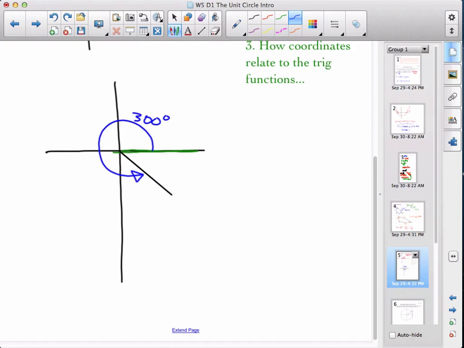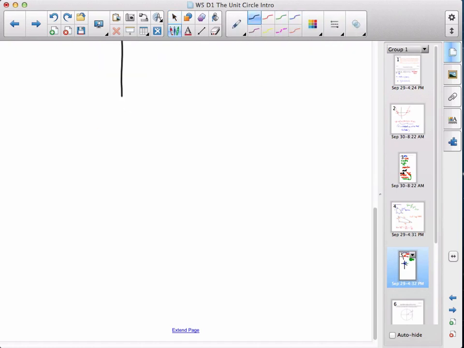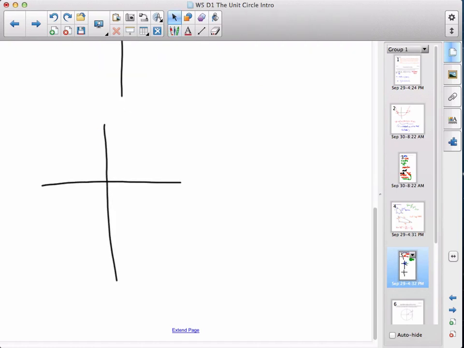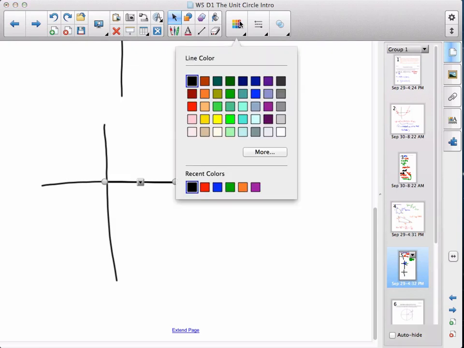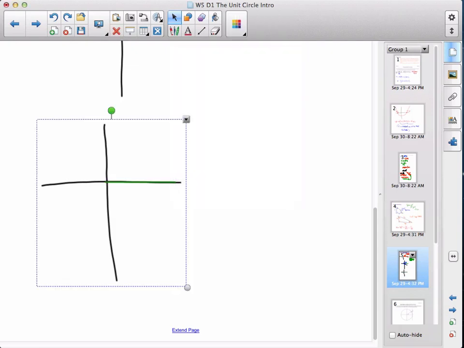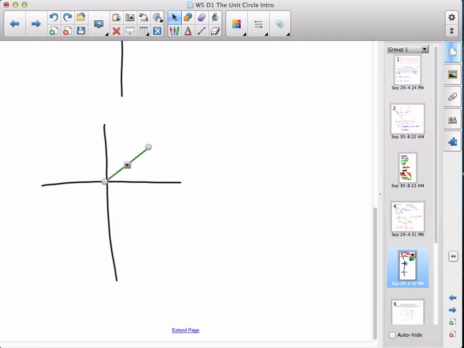What's even crazier is conceivably here, I could have an even larger angle. I can go even, in fact, greater than 360, right? I can go all the way around and then some more even, right?